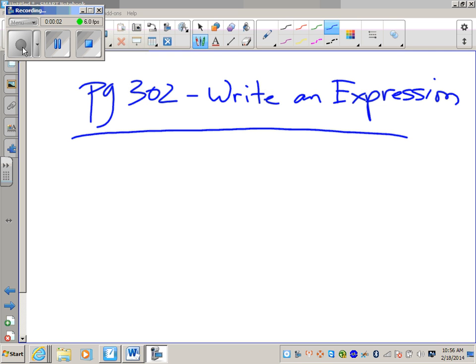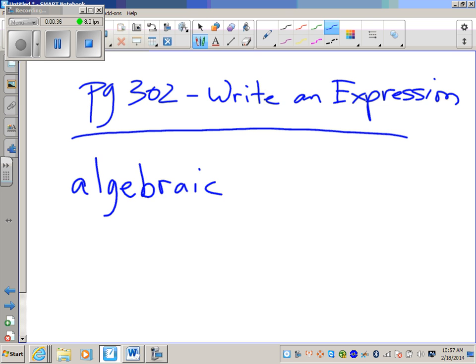Page 302, write an expression. Now, when they talk about an expression, what they're really referring to is an algebraic expression.